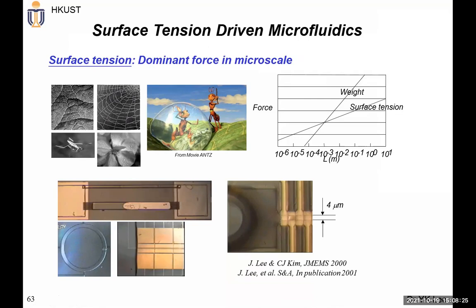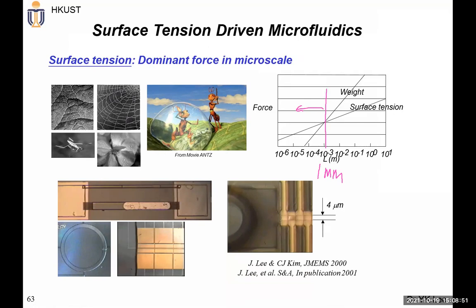Surface tension based microfluidic devices: once the size of the channel becomes so small, less than 1 millimeter, this is the critical size, about 1 millimeter. It's smaller than its weight, the body force.